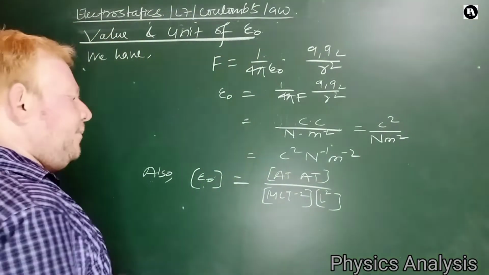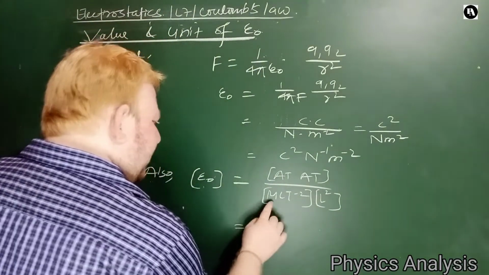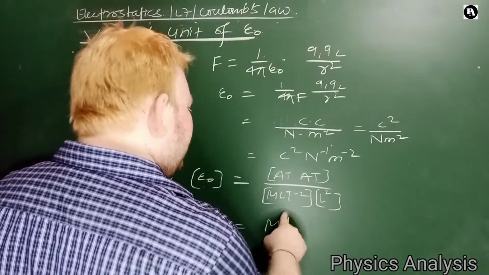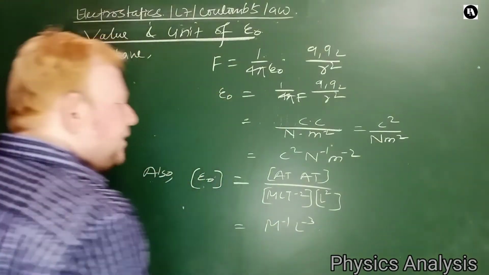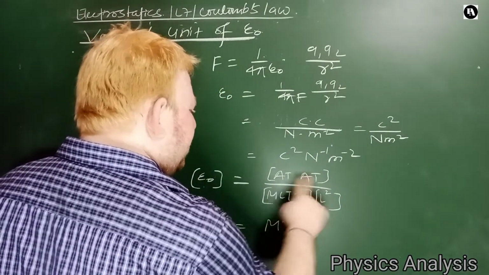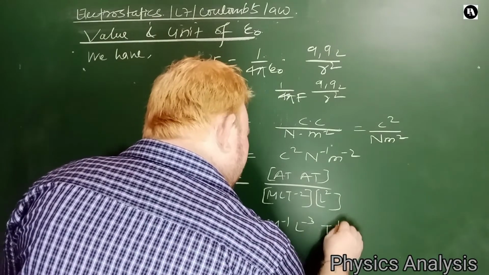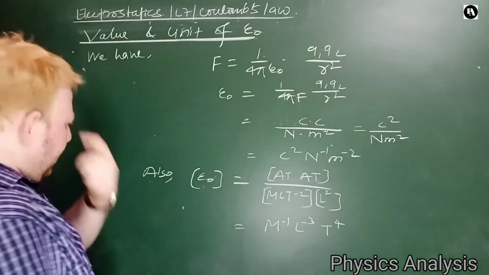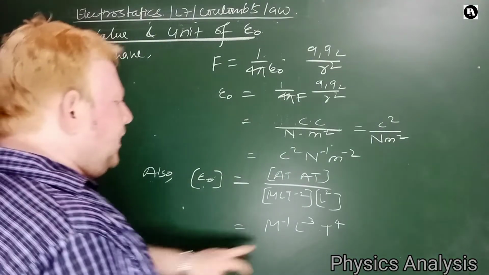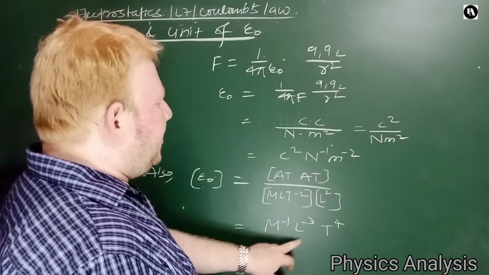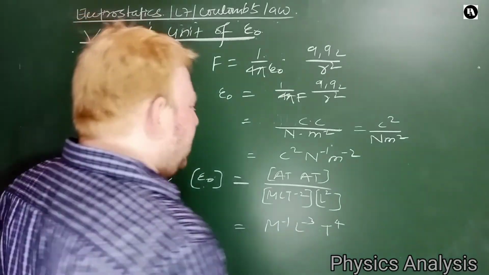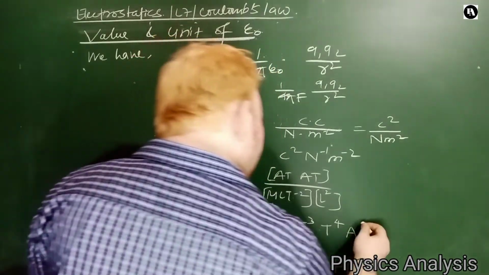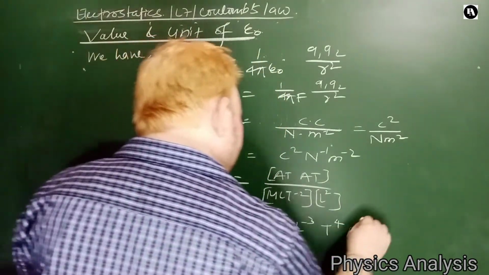So what we are having, M to the power minus 1, L to the power minus 3, T to the power 4 plus minus 2 goes up, T to the power 4, and what is left: M to the power minus 1, L to the power minus 3, T to the power 4, and A square finally.